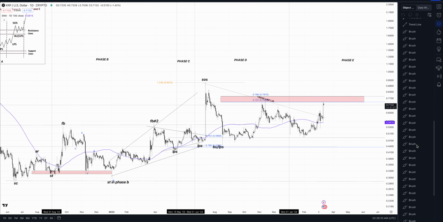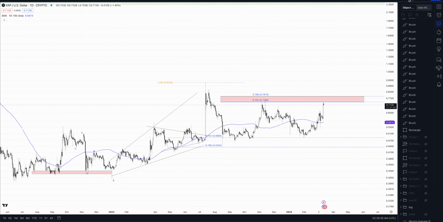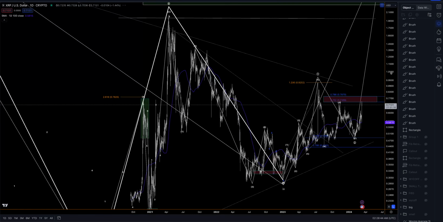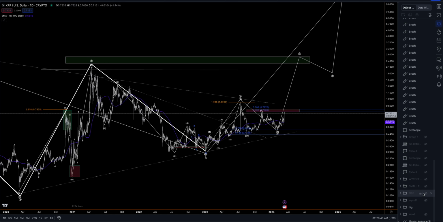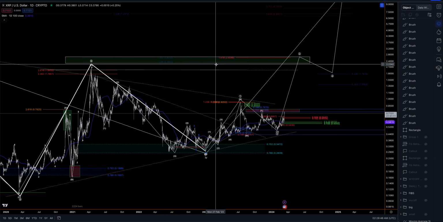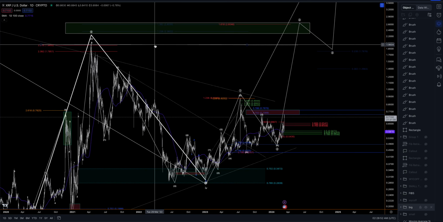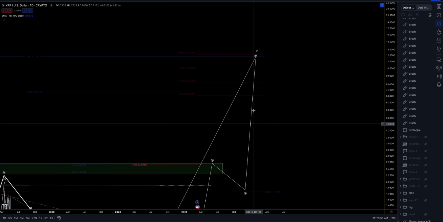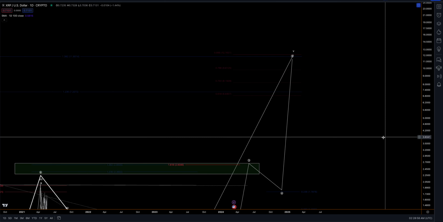But it should make its way eventually up to the 236, 260 region, just to take out this high, take out this buy side liquidity, then come creeping down to the side, and then have an extension of the fifth wave.